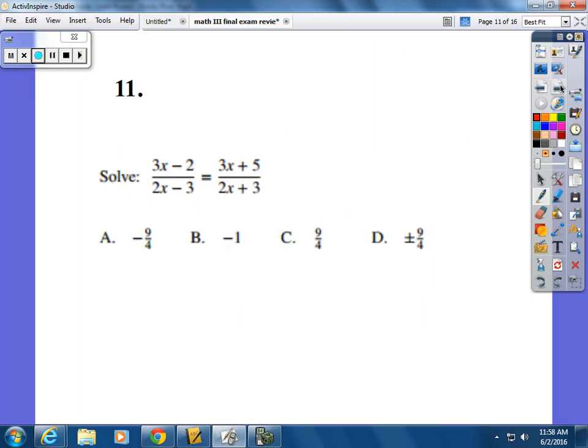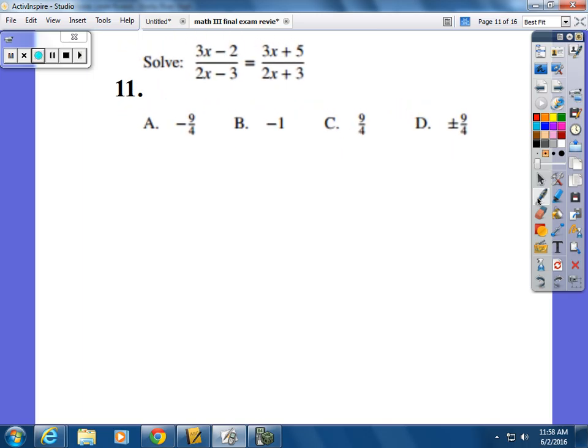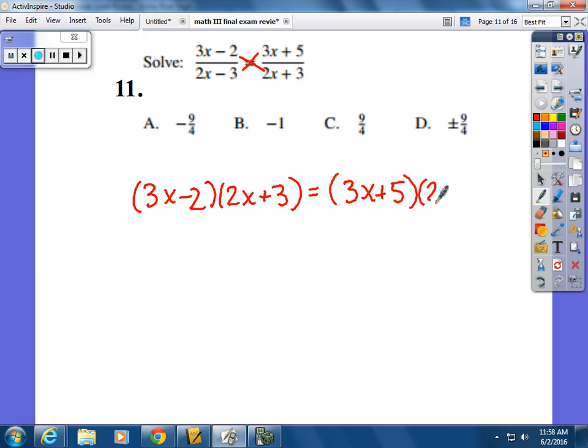Number 11. We've got another rational equation. Let's move that up. This one you could cross multiply because there's not a second term. You don't have to add or subtract. So you have 3x minus 2 times 2x plus 3 is equal to 3x plus 5 times 2x minus 3.